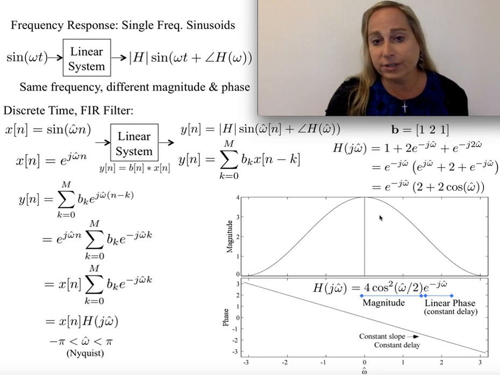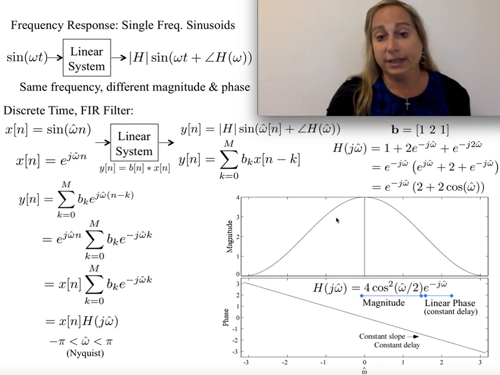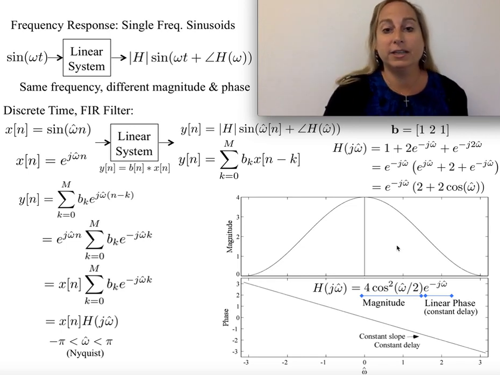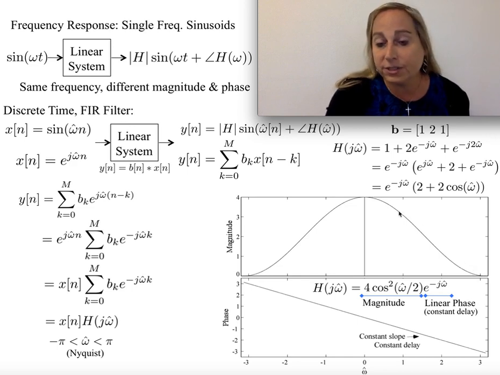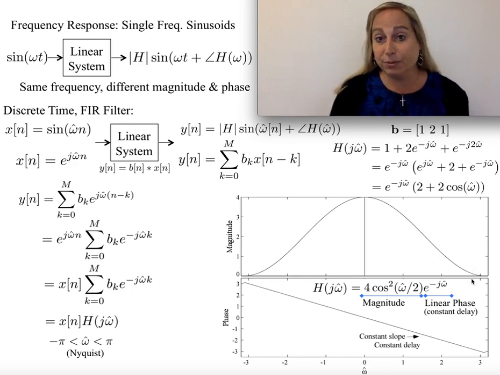And this is very interesting because if I plot it for both positive and negative frequencies, and notice it's symmetric here, for low frequencies I get somewhere around 4, but then as I get to very high frequencies, near the limit due to the sampling rate, it's nearly going down to 0. So you might imagine this is a low-pass filter because it allows lower frequencies to go through and higher frequencies get removed.